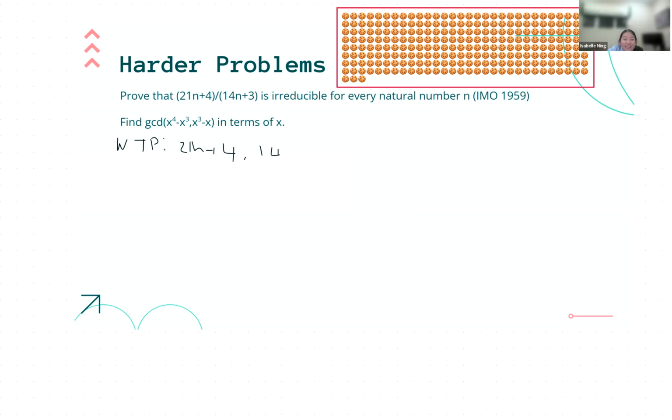I don't like writing that. Okay, and we can do that by saying GCD of 21n plus 4, 14n plus 3.